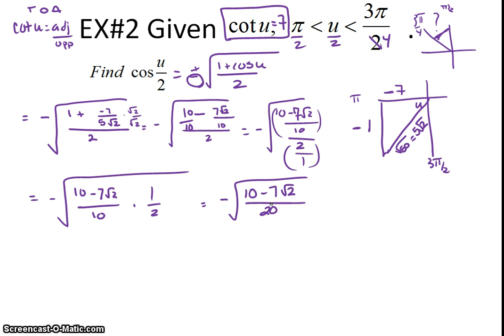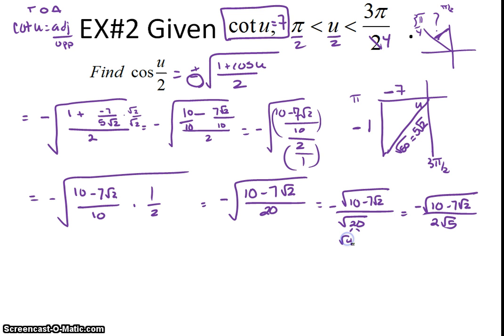And we can separate this into the numerator and the denominator. So this is negative square root of 10 minus 7 root 2 all over square root of 20. Root 20 is 2 root 5, because remember 20 is root 4 times root 5. So I need to rationalize this a bit.